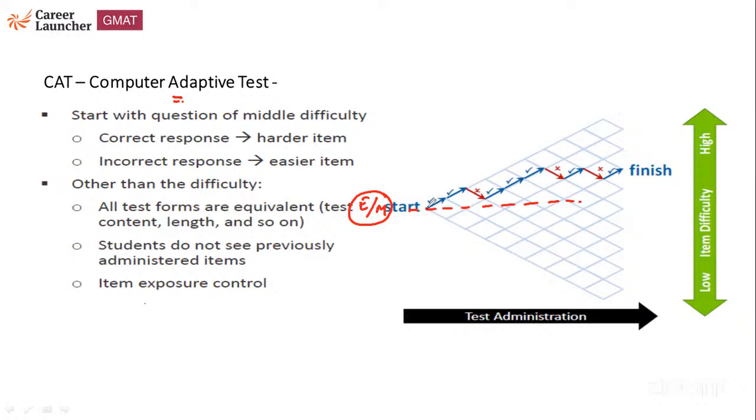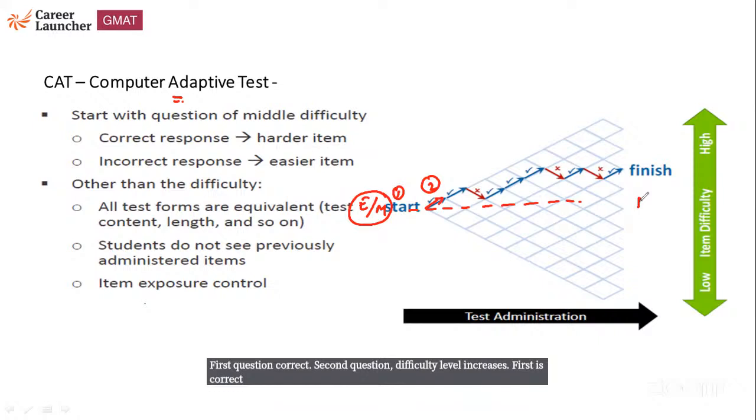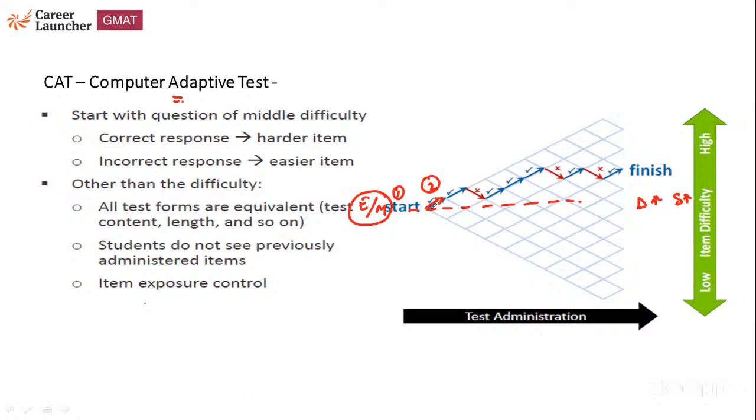First question correct, second question difficulty level increases, score increases. If you do not get the first question, difficulty level reduces, the score goes down.